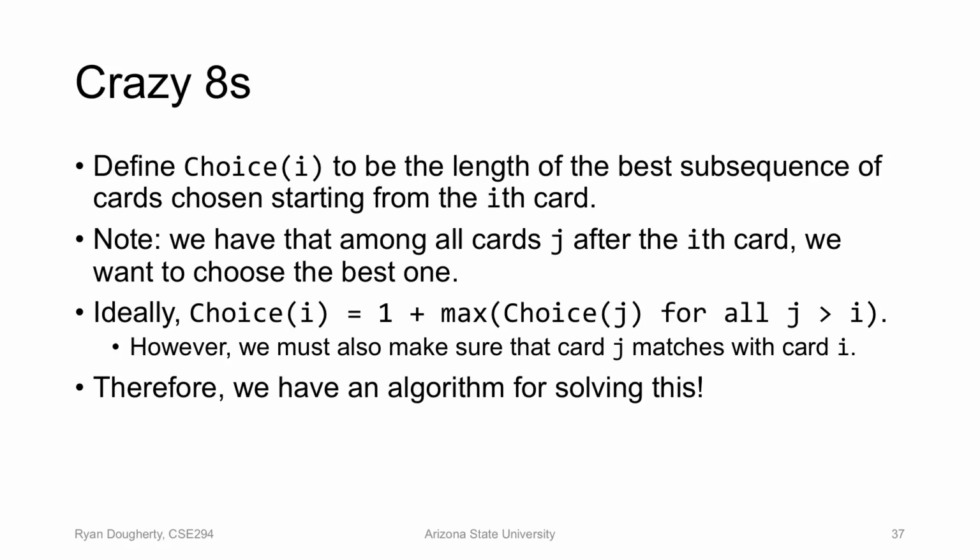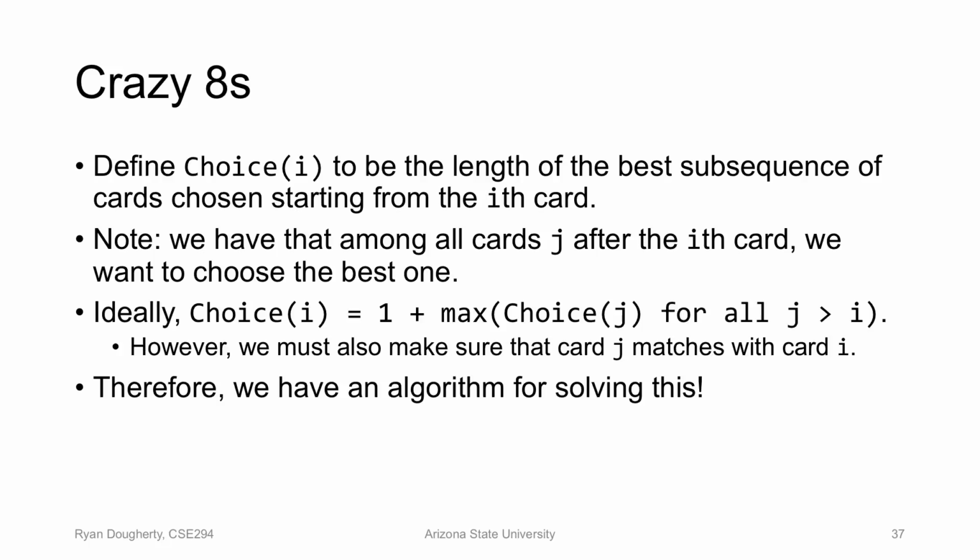And so if I have n cards, if I'm looking at choice i, how many cards am I going to look at, possibly? Well, it's from i up to n, right? So n minus i, essentially. So if I want to do this for i equals n minus 1, n minus 2, n minus 3, all the way to 1, how many cards am I going to look at? n factorial?